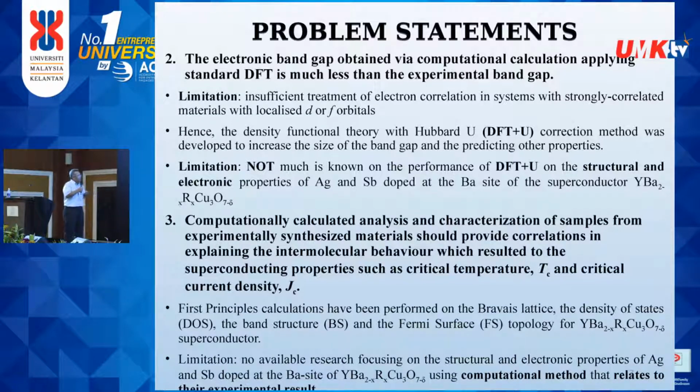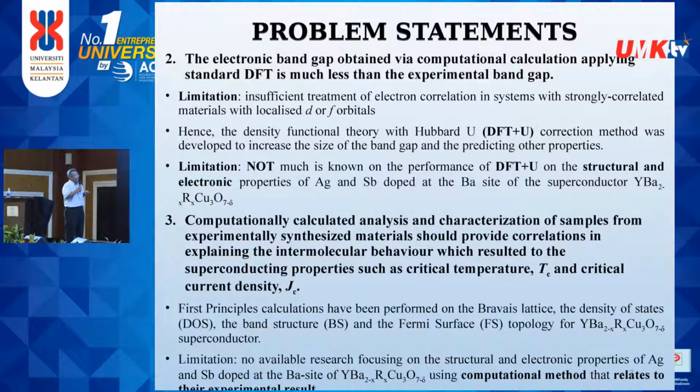So number 3, the computationally calculated analysis and characterization of samples from experimentally synthesized material should provide a correlation in explaining the intermolecular behavior, which results in the superconducting properties such as critical temperature Tc and critical current density Jc. So we try to correlate this computational method with the experimental method and how it can increase the critical current density.